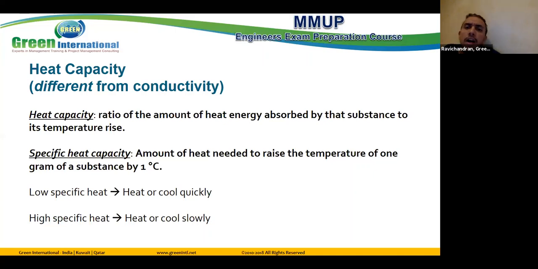I know copper has higher conductivity than aluminum, but both are good conductive materials. But copper heats and cools slowly, while aluminum heats and cools quickly. So aluminum has low specific heat, but copper has high specific heat. You understand me?